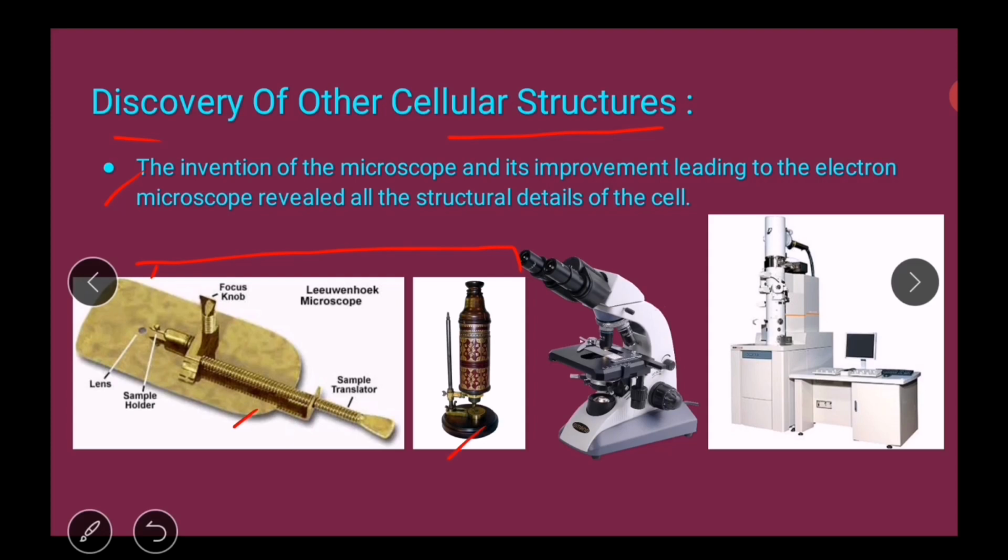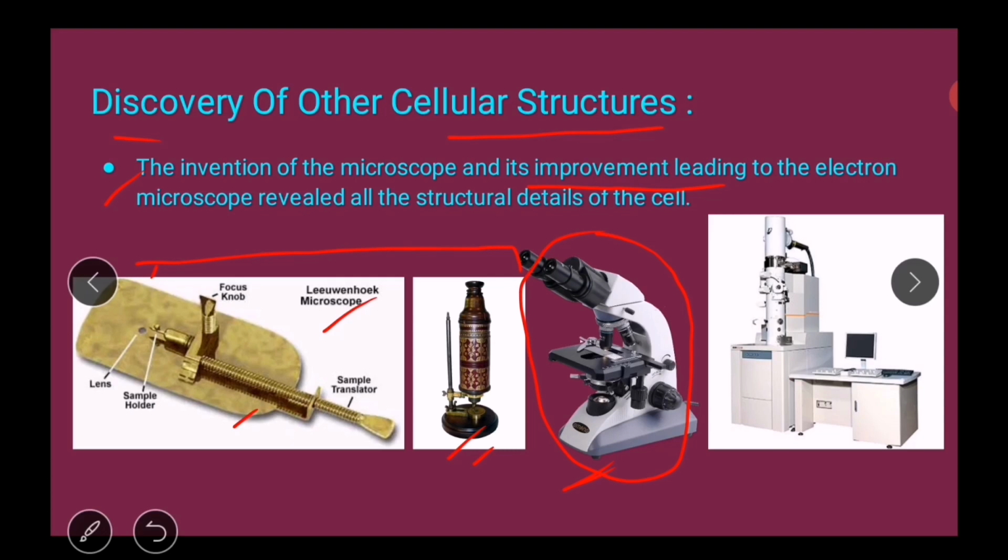This is the Leeuwenhoek microscope and this is the Robert Hooke microscope, and they saw the cells with these. It was then improved, and after the advancement of this microscope, we got the compound microscope. This is the compound microscope, the light microscope. Clear? It uses light to illuminate the sample we see under the microscope.